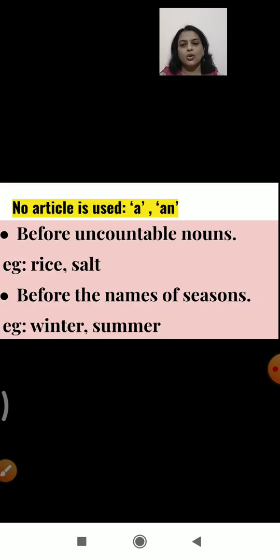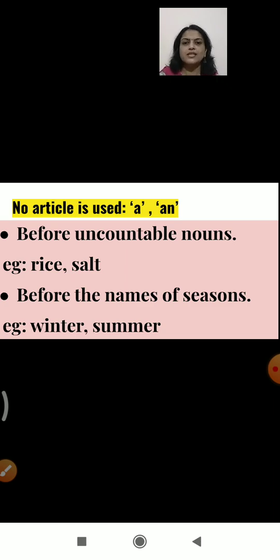Clear? Okay. Now we have seen so far when to use these best friends, the articles, right? Now where not to use them. Okay, now, no article is used where? Before uncountable nouns, that is rice, salt, which we cannot count. Then before the names of seasons, that is winter, summer, right?